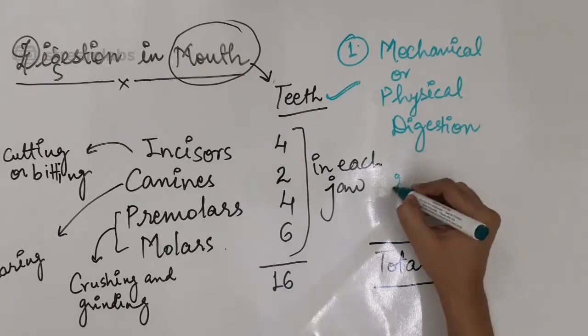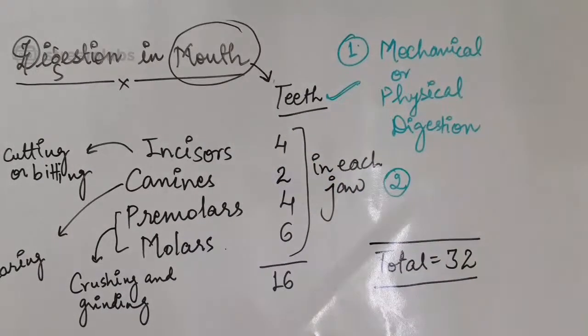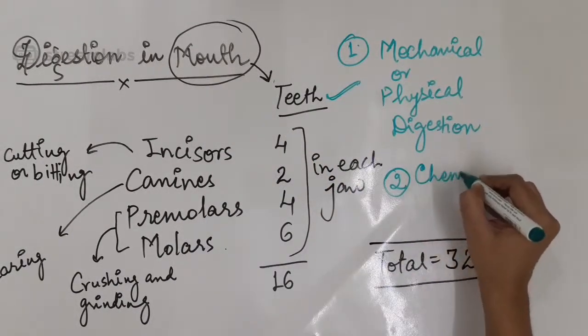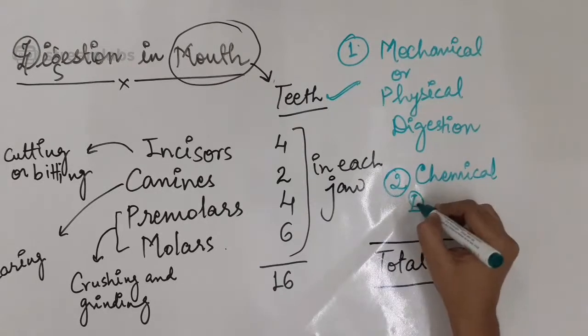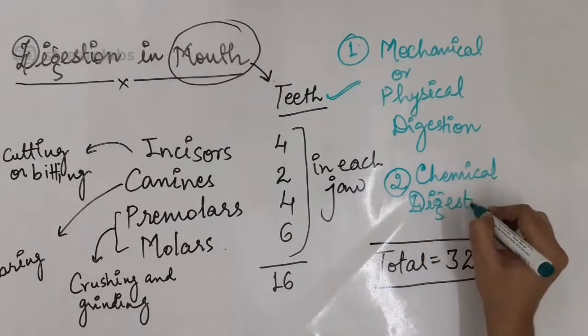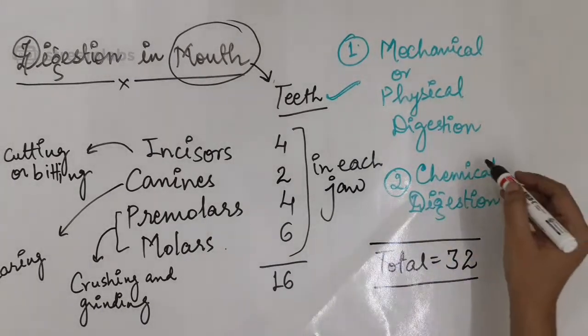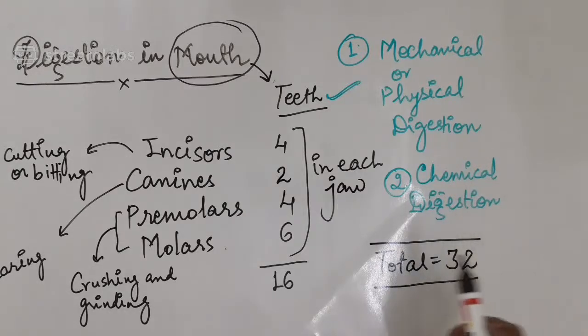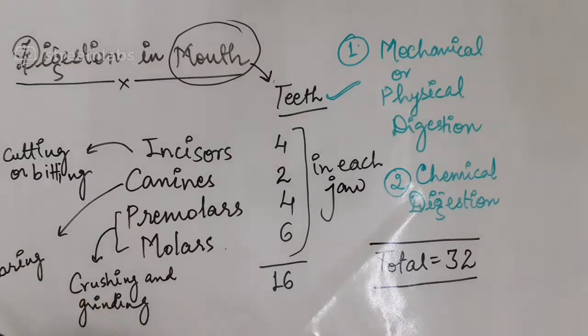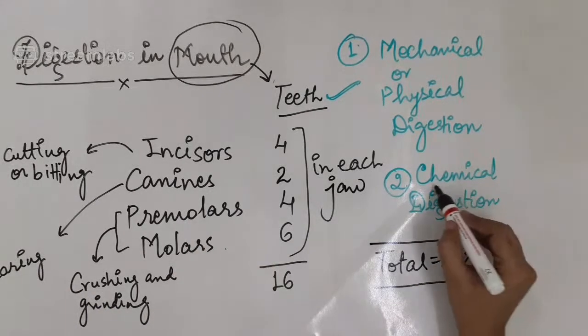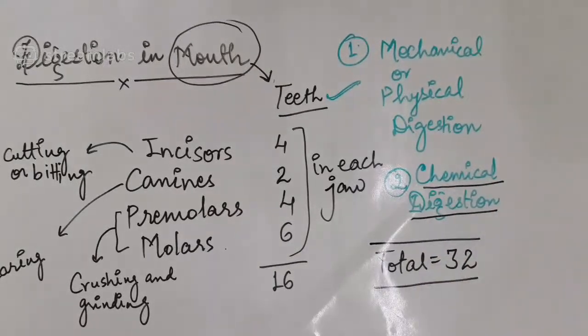And the second step, which occurs in the mouth, is called the chemical digestion. In this step, the food which is cut, ground or mixed with the help of teeth is digested by the chemicals released by the associated glands or the digestive gland, like saliva.